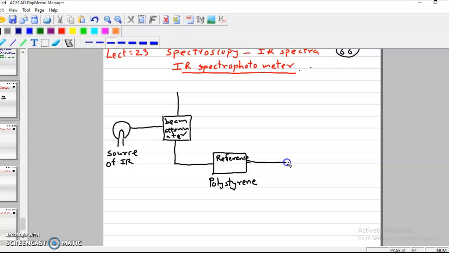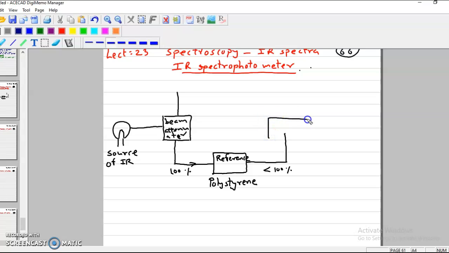So when IR radiation passes through this, the incident IR radiation is 100%, but the transmitted IR radiation will be less than 100% because polystyrene is an organic compound and it has certain groups which will absorb IR radiations.